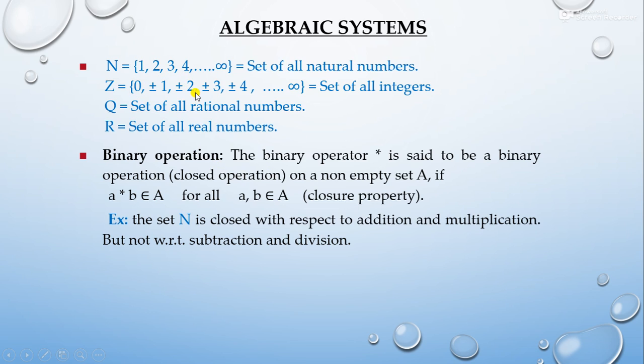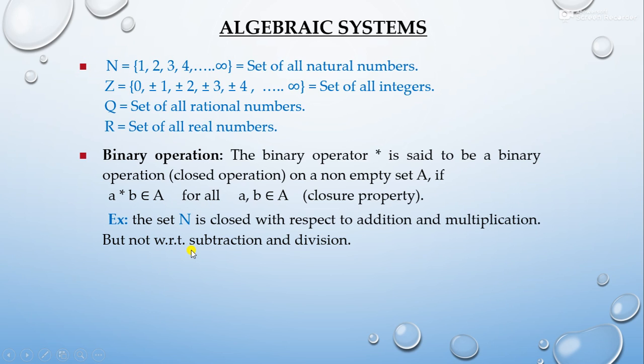But suppose the binary operator is subtraction. If you take any two numbers from the natural number set, is it possible that their subtraction must lie in the natural numbers? No. Suppose you take 1 and 2, then 1 minus 2 becomes minus 1, which doesn't belong to the natural number set.